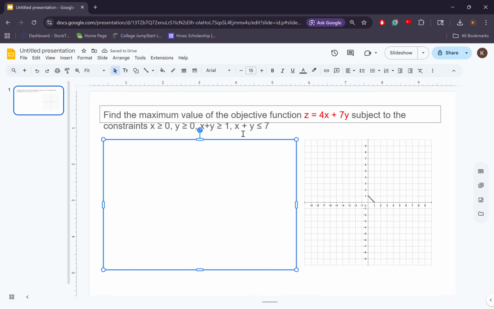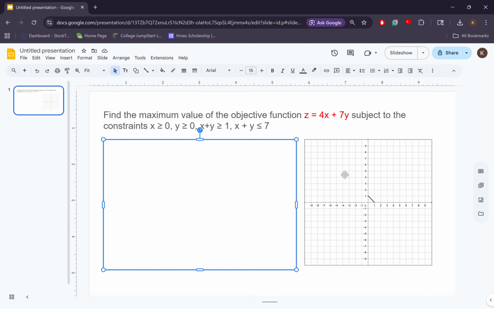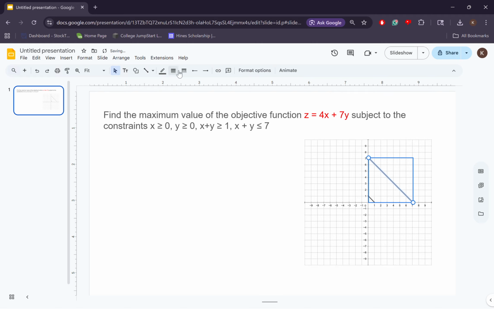Okay, next we're going to do x plus y less than or equal to 7. So we know that our domain, our area, is between 1 and 7 in the first quadrant on the y and x axis. So we're going to put this line down here. Okay. So now we're going to outline everything so we have our corners.